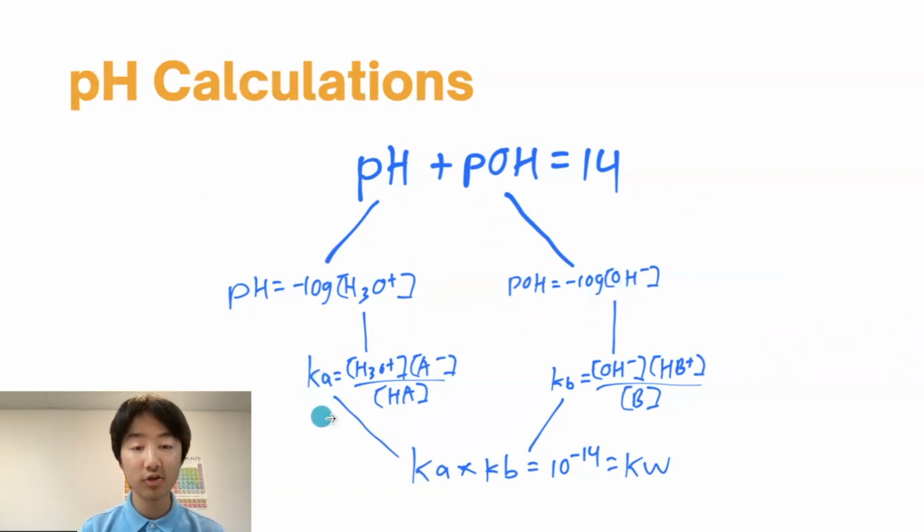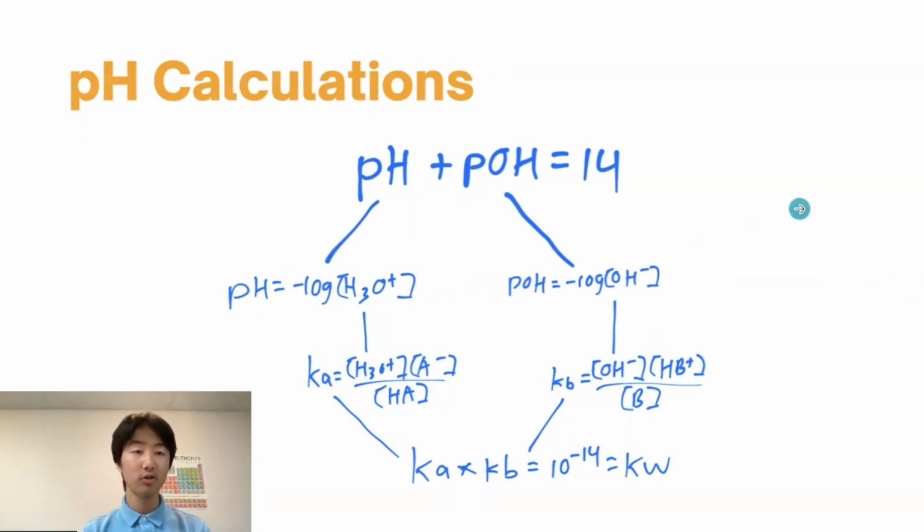Ka for pH is H3O plus times A minus over HA. Kb for pOH is OH minus times HB plus over B. And then Ka times Kb always equals 10 to the power negative 14 equals Kw. And you can derive the pH plus pOH equals 14 equation from the Ka times Kb equation.